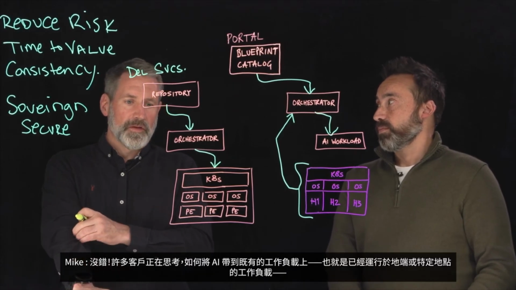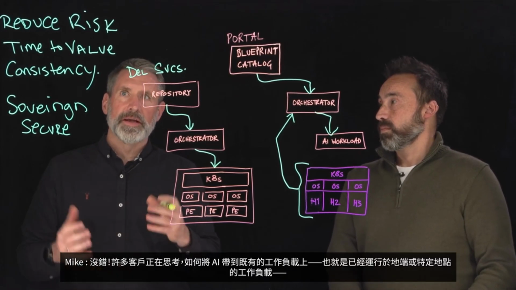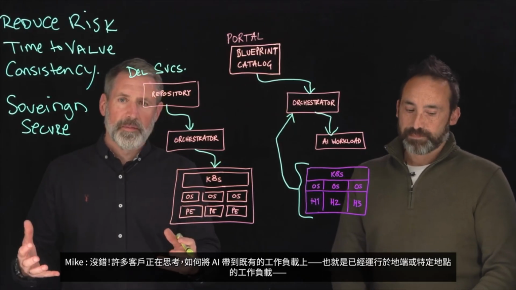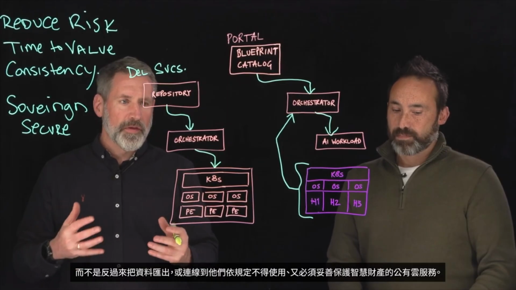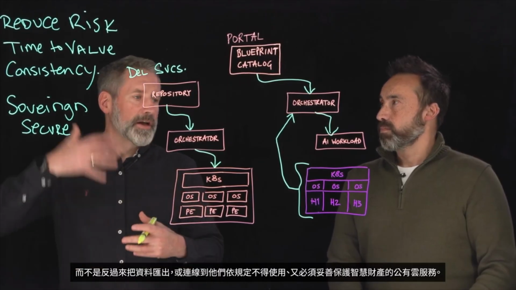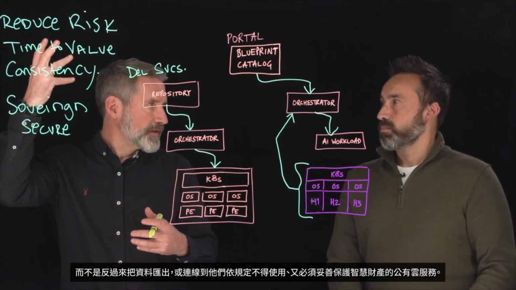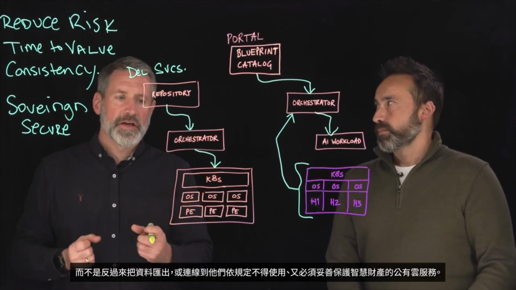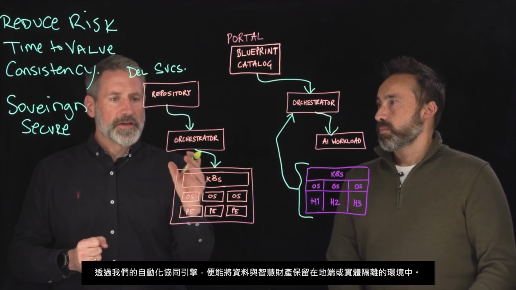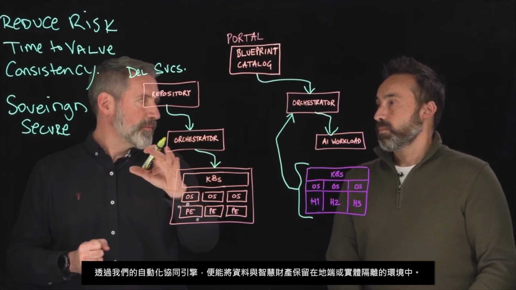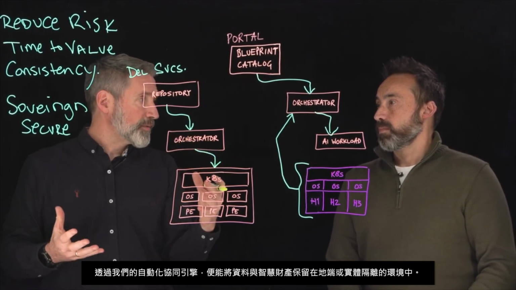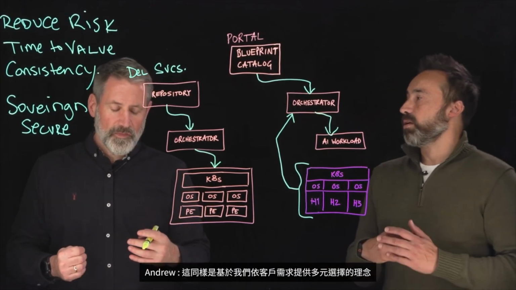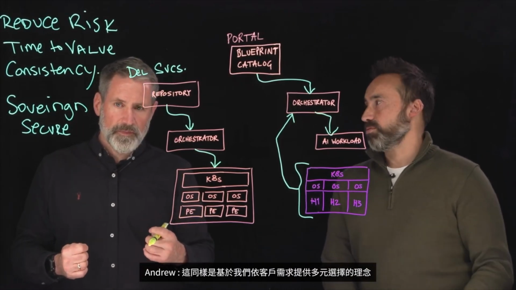A lot of customers are looking at how they can bring the AI to the workload, which is already running on-prem or in its location, rather than try and export it or connect to a public cloud service that they just are not allowed to use. They have to maintain this IP. So keeping the data and the IP on-prem or air-gapped in our orchestrator is possible with this. Again, that comes down to us offering lots of choice depending on what the customer's requirements are.